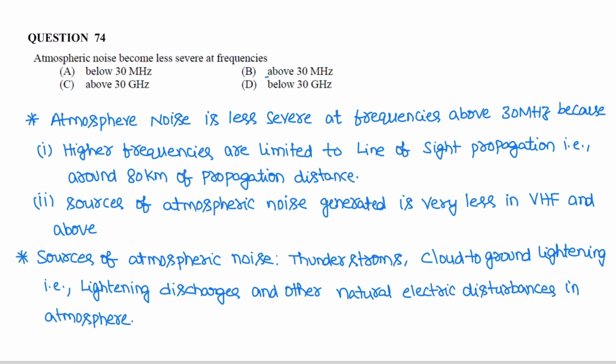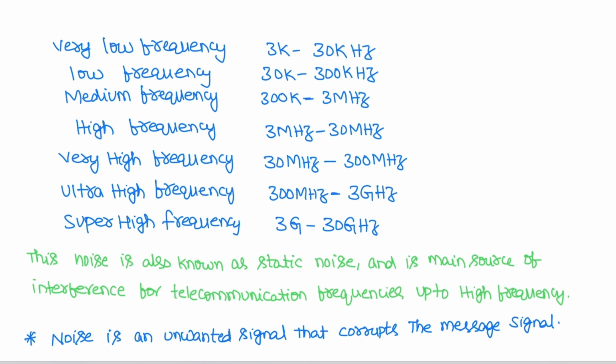Next question. Atmospheric noise becomes less severe at above 30 megahertz, which is very high frequencies. From these very high frequencies, the atmospheric noise becomes very small. This noise is also called static noise, and it is a main source of interference for telecommunication at frequencies below high frequencies. Generally, noise is an unwanted signal. Below these frequencies, atmospheric noise may exist.